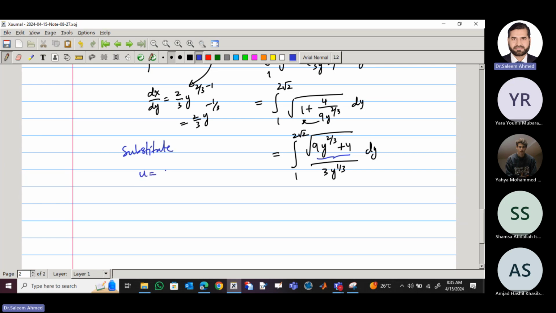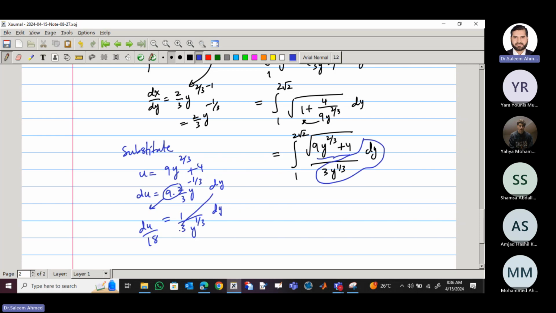So now we can substitute u is equal to 9y to the power 2 by 3 plus 4. And then du will become 9 into 2 by 3 y to the power minus 1 by 3 dy. So see, it is 1 by 3 y to the power 1 by 3 dy. And I can bring this 9 into 2, that is 18, to the other side, because I have this thing here.